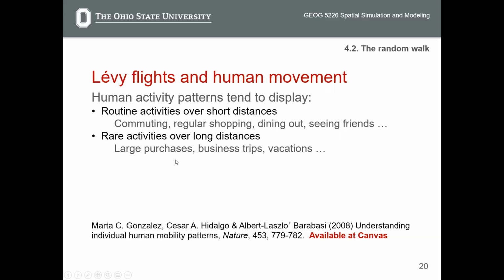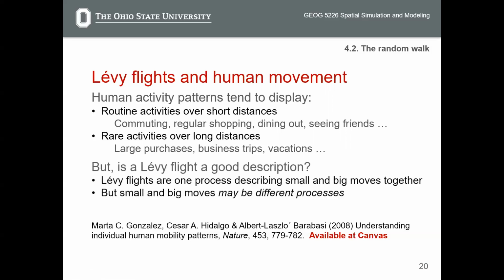For example, large purchases, business trips to another city on the other end of the country, vacations to maybe another country. These are long jumps, long leaps, and they are not regular. Regularly, we go to places that are close to our home. So Levy flights are also good for human movement.